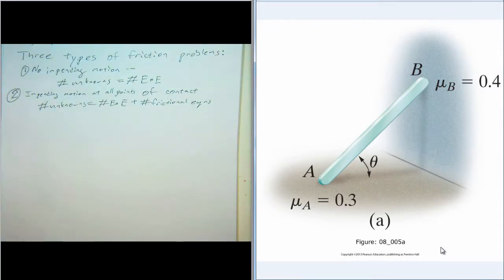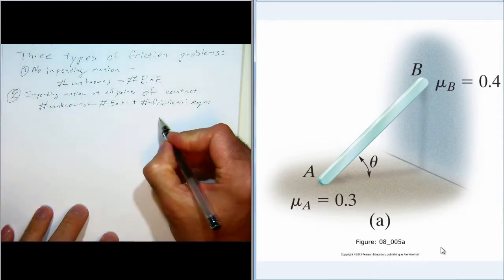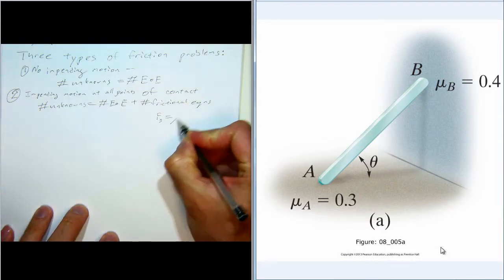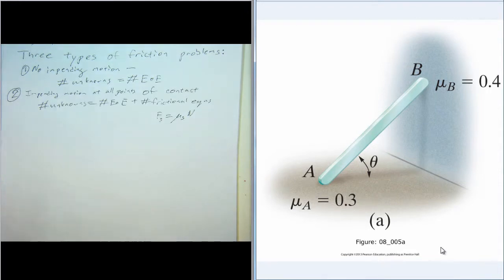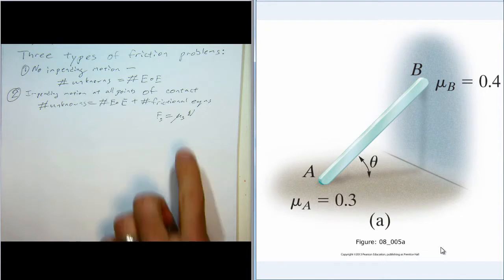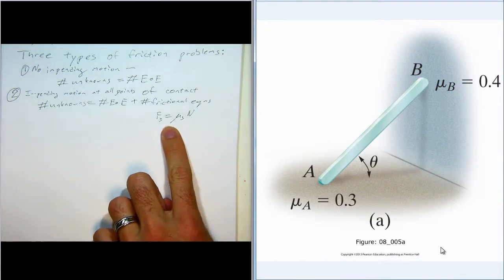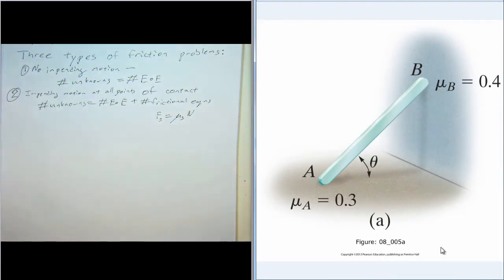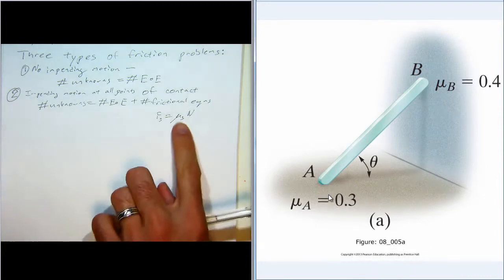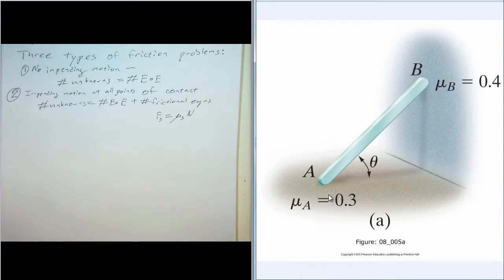The reason we have the frictional equations, by frictional equation I mean Fs is equal to mu s times N, is that this is the largest value that the frictional force can have, mu times N. And that's why motion is impending, because once it's required for that friction force to get just a little bit bigger than mu s times N, then the object starts to move.